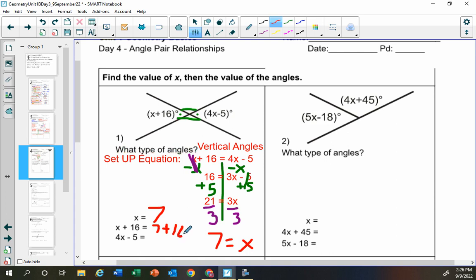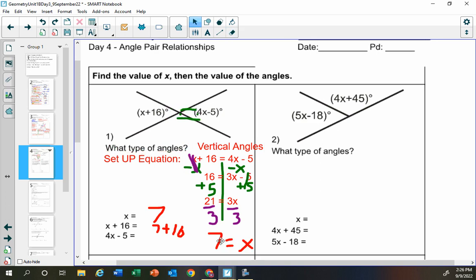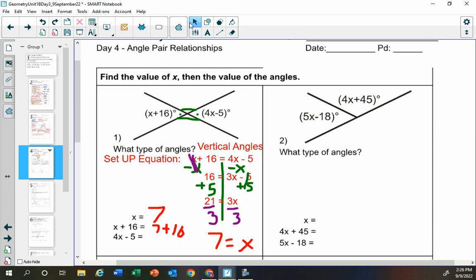I don't think I have enough room. In our other class, we did it a different way. We didn't add 7 plus 16. We did it a different way.